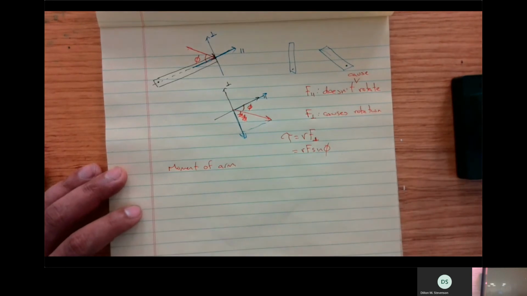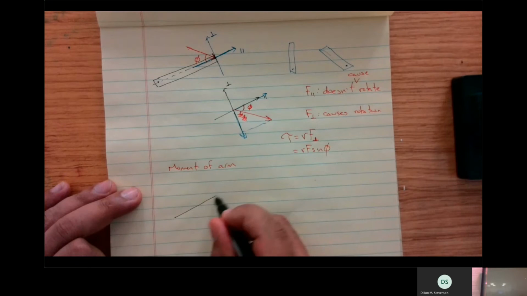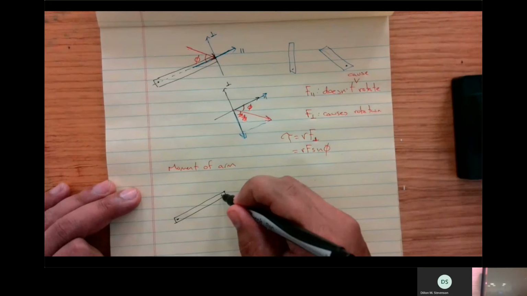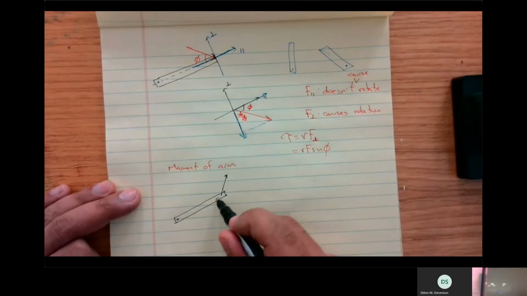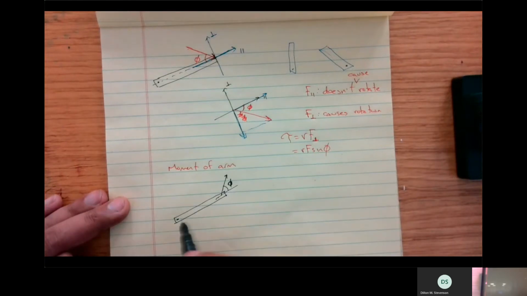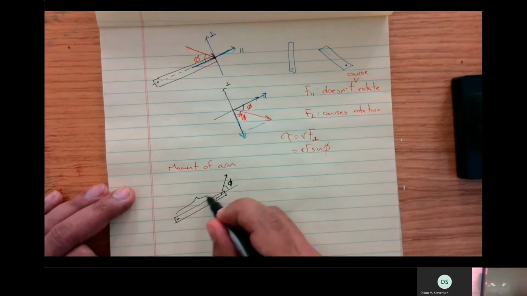So again, we have our arm with our shoulder. Now I'm going to have the force going like this. Okay, and this is going to be my angle phi. This is going to be my distance.